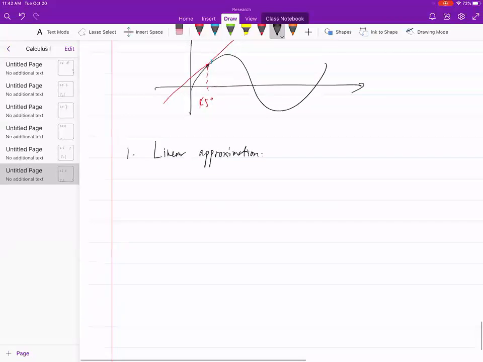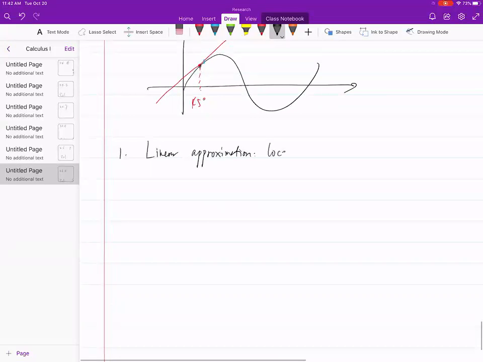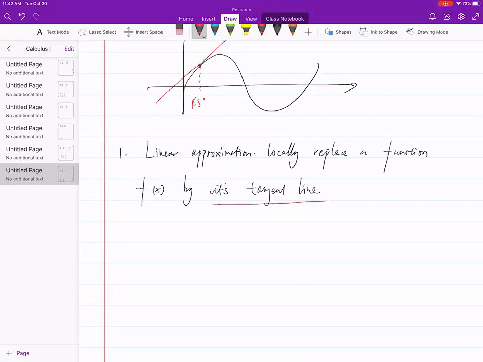It basically means locally replace a function f(x) by its tangent line. Of course, how do you find the tangent line? You take the derivative and do all the stuff we learned. That's why it's in chapter 3. We use derivatives, of course.